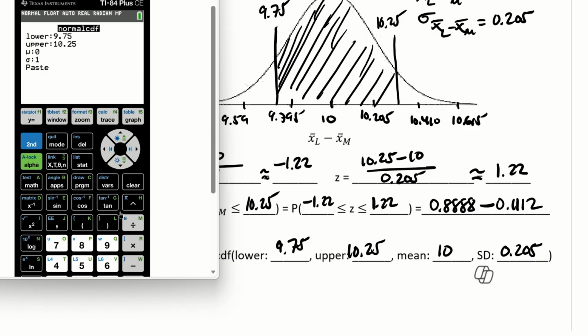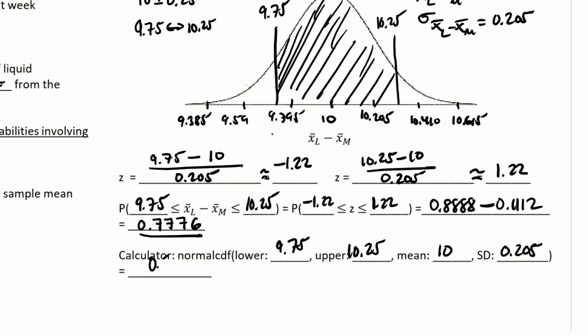The mean is 10 and the standard deviation is 0.205. We figure out the area, and we get about 0.7774. We'll write that down. Pretty similar to what we got there.